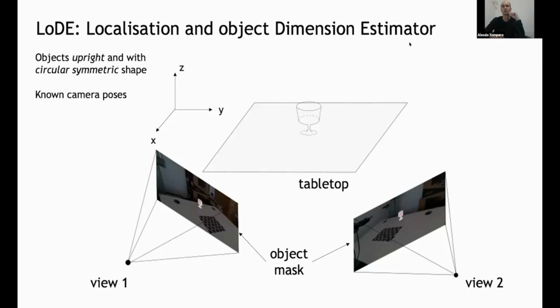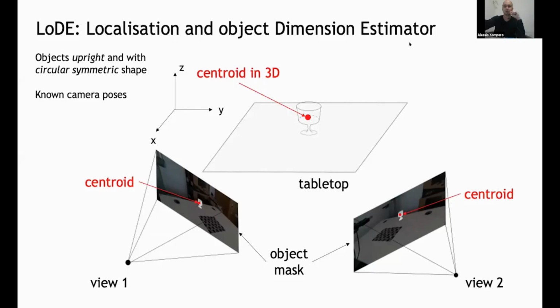And we would like to rely on the fact that the centroid in the object mask is the most reliable correspondence that you can find between these two views. So what we do is to estimate the centroid for each image individually in the object mask.